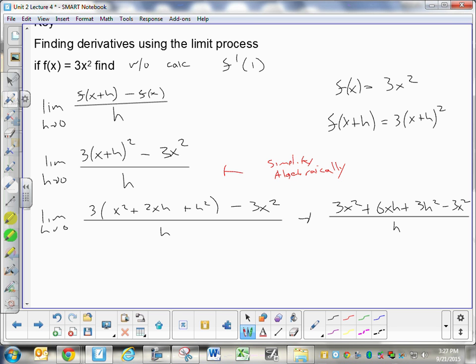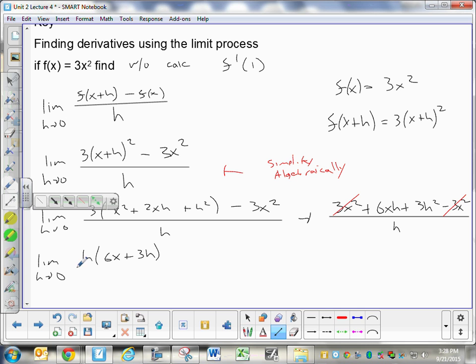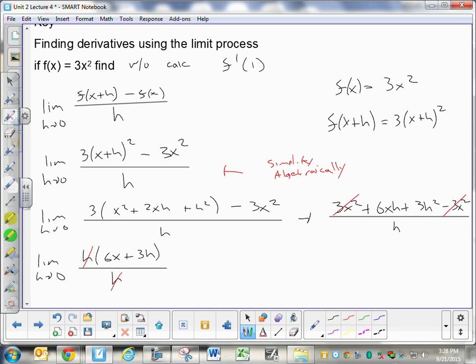The 3x squareds will cancel each other. Out of the remaining terms, they both share an h. I could factor out an h. The h that I factored out can cancel with the h in the denominator, now that we have multiplication in the numerator and denominator.